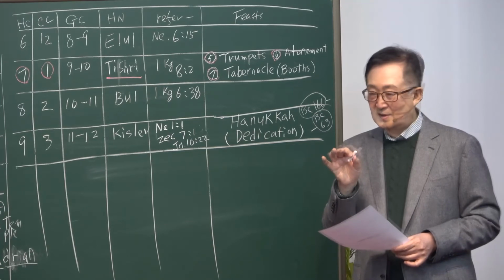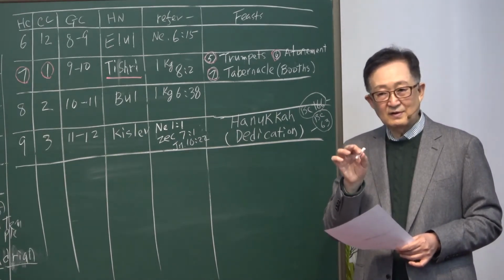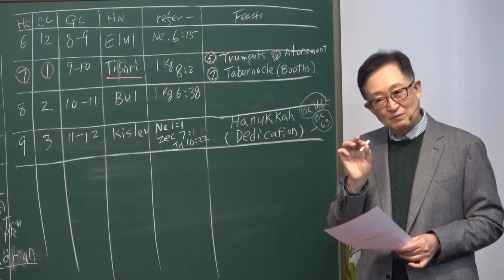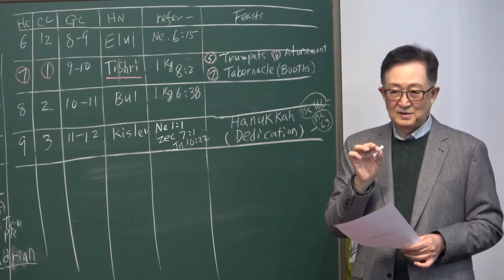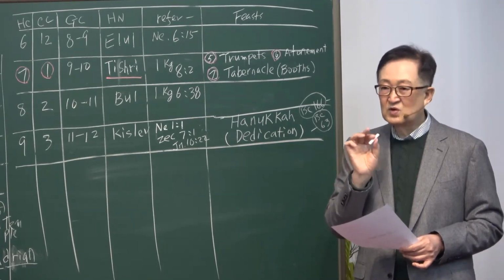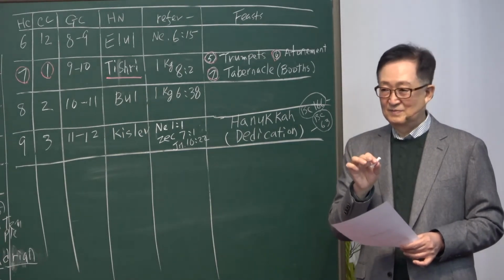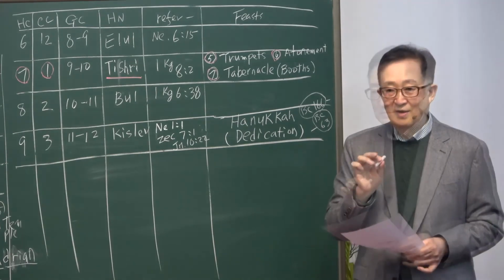Okay? So starting 163 all the way to 63 before Christ, Israelis celebrate those 100 years of their proud history of independence from any foreign forces. So Israelis, even today, observe that particular day called Hanukkah.